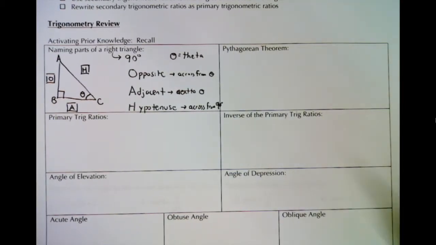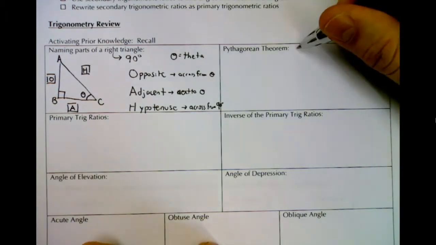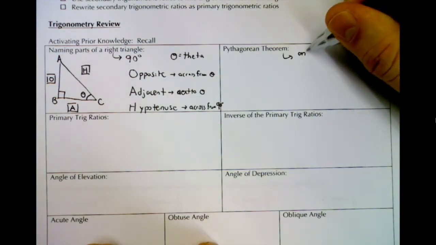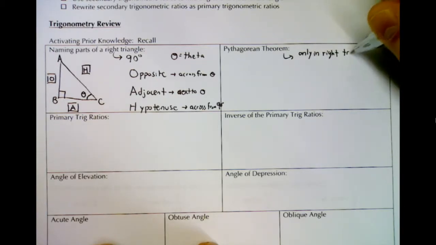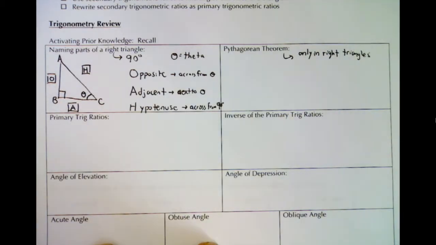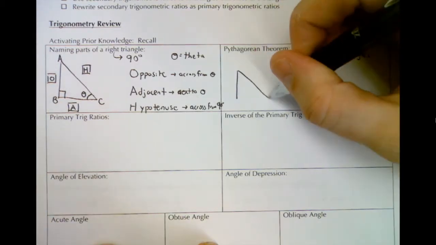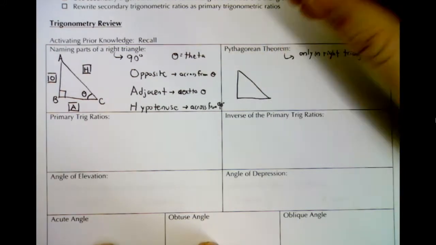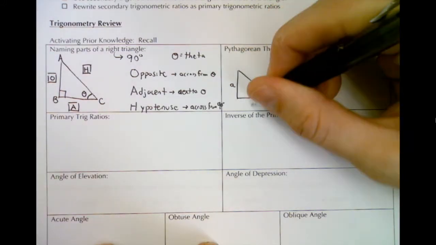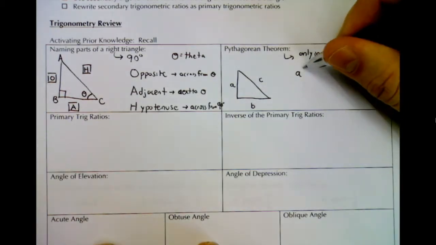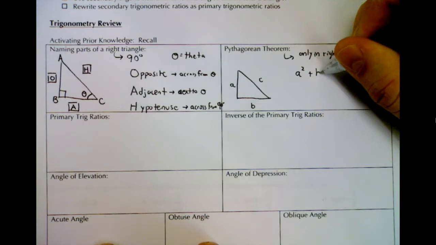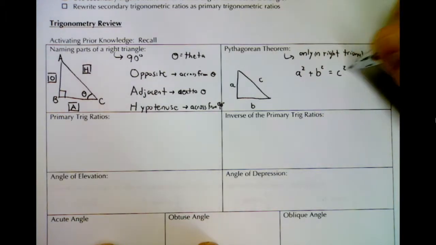The next piece that we need to recall is what the Pythagorean theorem is. And we can use the Pythagorean theorem only in right triangles. And the Pythagorean theorem says that if we have a right triangle, draw it here, with side A, side B, and side C, then A squared plus B squared will equal C squared.